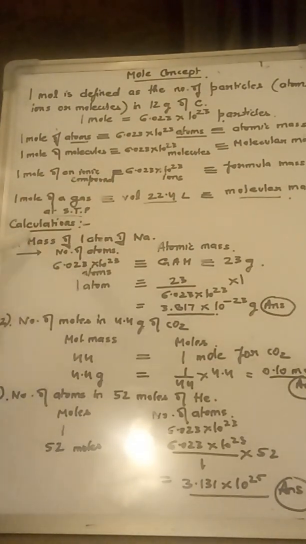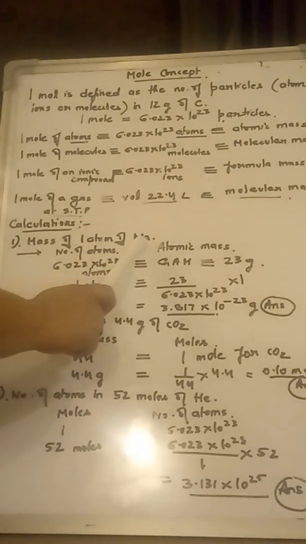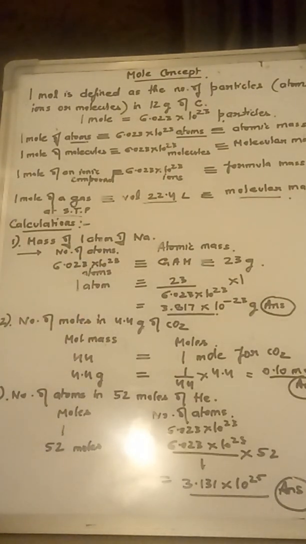Now let's do some very simple calculations which you already have done in class 10th, and just revise them. Suppose you have to find the mass of one atom of sodium. How do you do it? First, in the question, you find out what are the two things being discussed. Number one is the mass and number two is the number of atoms.